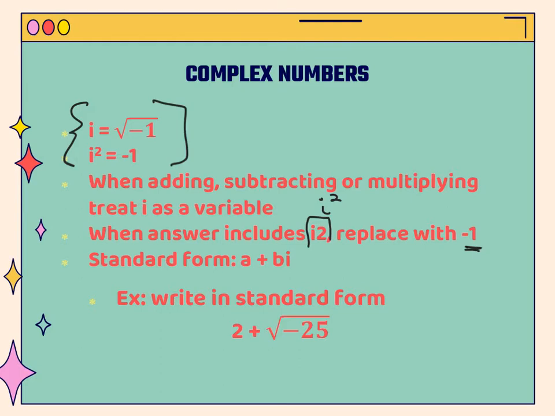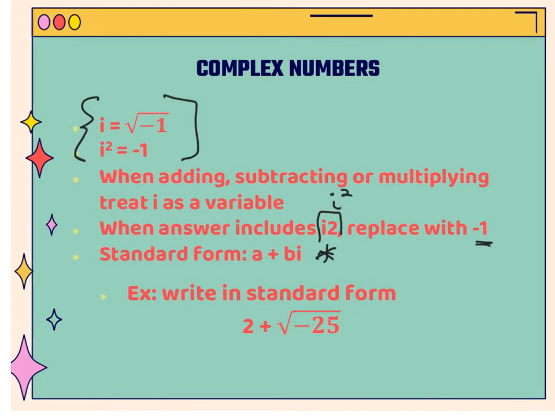Now, the format for writing answers that have both an imaginary and a real part is this, where a is going to represent the real part of the answer, and the bi is going to be the imaginary part. Now, the imaginary part is when I try to square root a negative number.